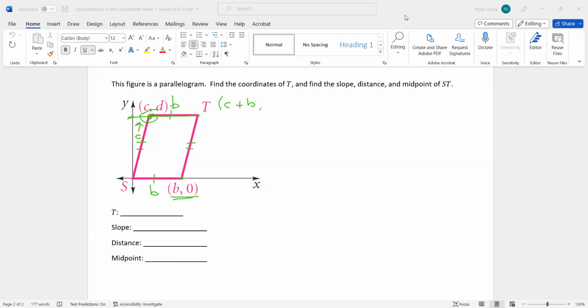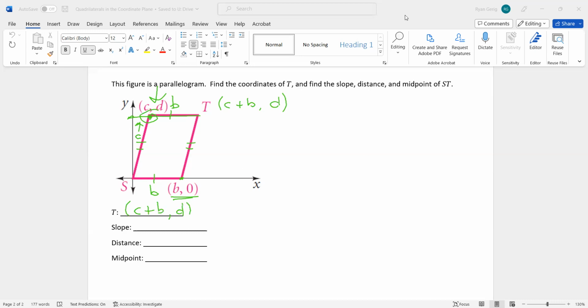That's the x coordinate. That's the tricky part of this one. The y coordinate shouldn't be too bad because the distance up from the x-axis is d, and that's given by, again, this point. So the same thing for T, the y coordinate is d. So my coordinates for T are (c plus b, d).